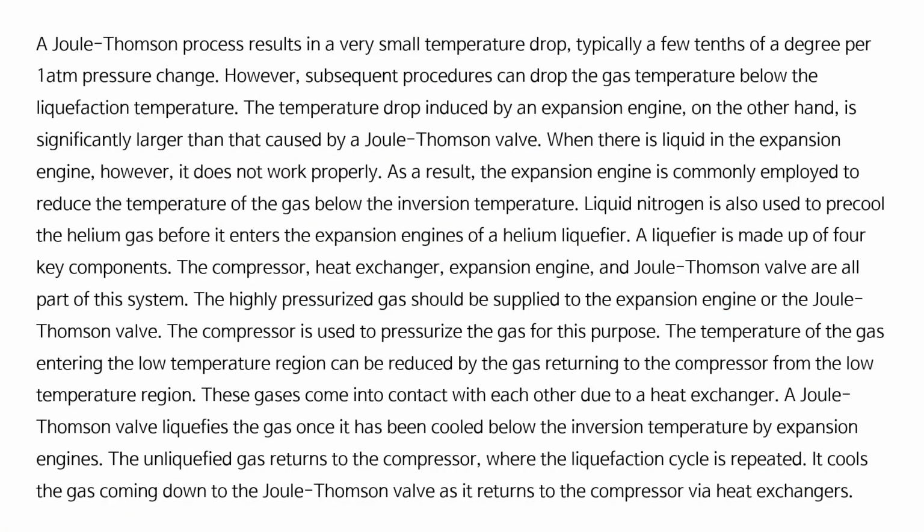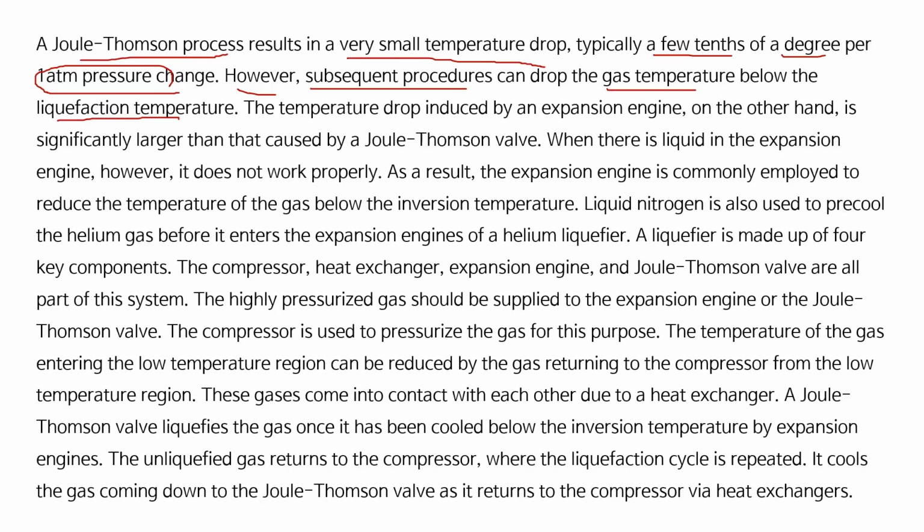A Joule-Thomson process results in a very small temperature drop, typically a few tenths of a degree per 1 atm pressure change. Okay, so a very small change in temperature. However, subsequent procedures can drop the gas temperature below the liquefaction temperature.